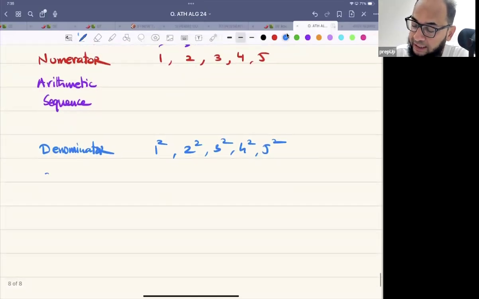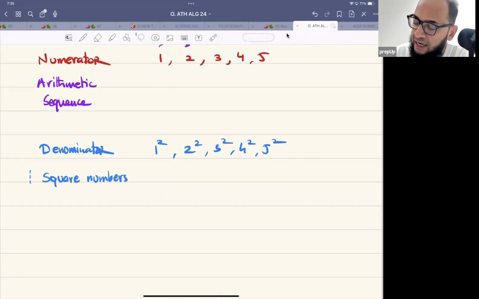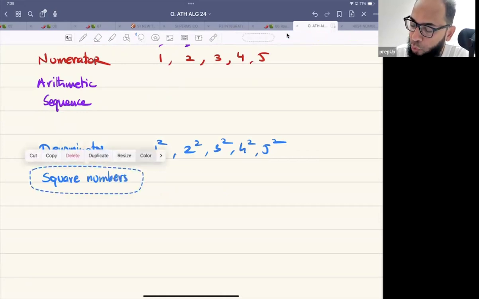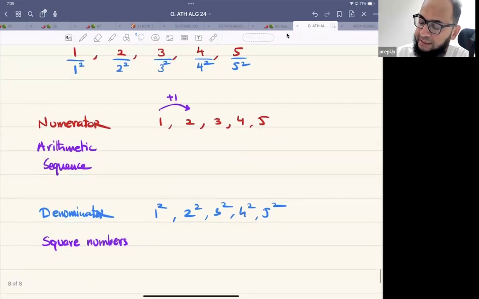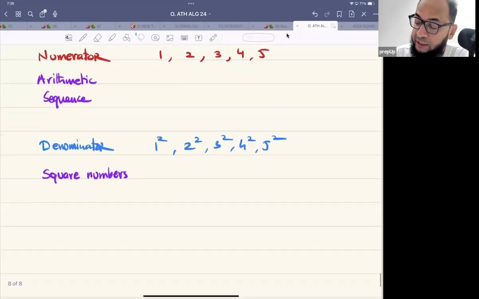This is what? This is a sequence of square numbers. So we are dealing with two different things at one time. There is a numerator, an arithmetic sequence, and a denominator of square numbers, that is kind of exponential because it's about the powers.